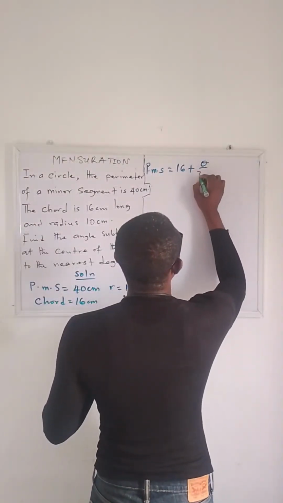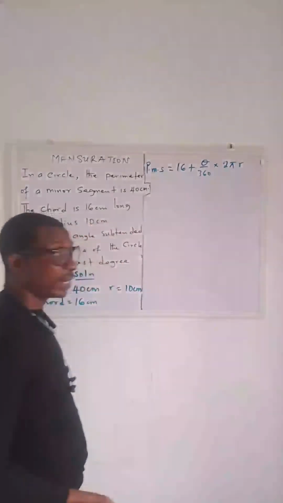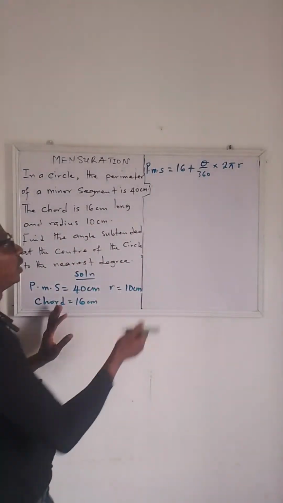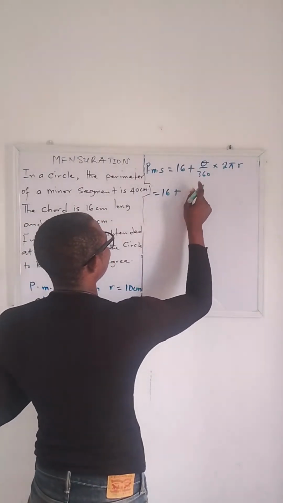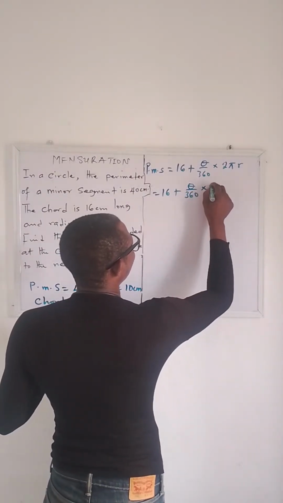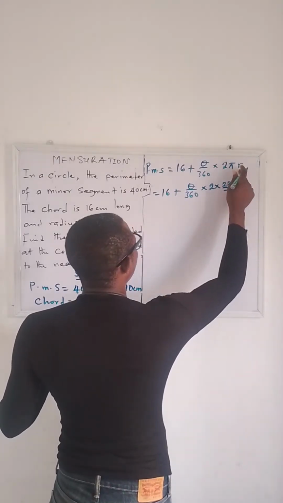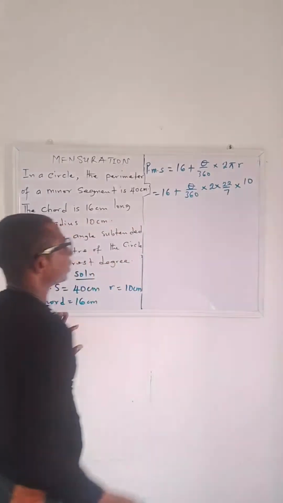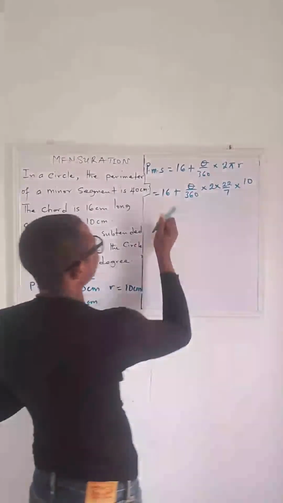That's theta over 360 times 2 pi r. You get that? Okay, so now this is going to give us 16 plus theta, that is what we are looking for, the angle subtended, times 2 times 22 over 7 times r. The radius is 10. So now let's simplify this.